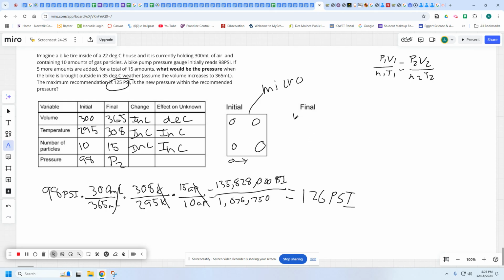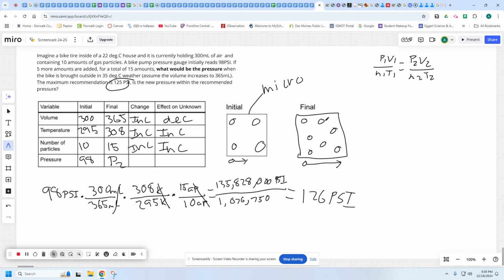So in the next state, instead of showing the volume increase, I'm just going to show a constant volume, and I'm going to show the number of particles increasing here. And the temperature must increase as well, and that means the average EK increases.